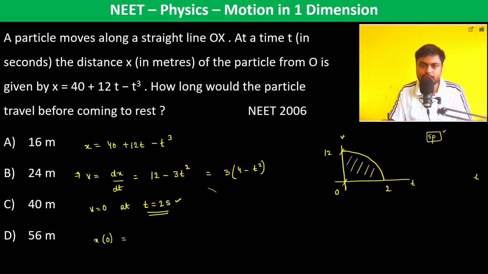At t equal to 0, x is 40, and at t equals to 2, the position is 40 plus 12 into 2 minus 2 cube, which is 40 plus 24, 64 minus 8, which is 56 meters.